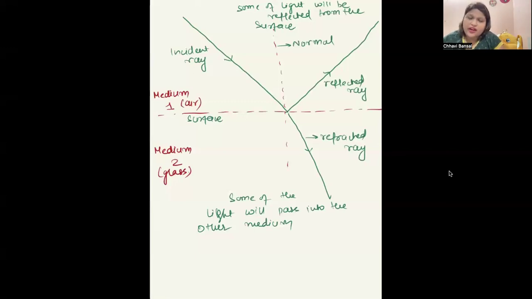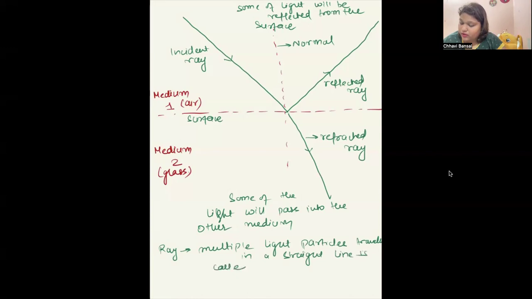And when there are multiple rays traveling in the same line, it forms a beam. Multiple light particles traveling in a straight line is called a light ray. And multiple rays traveling together form the light beam.